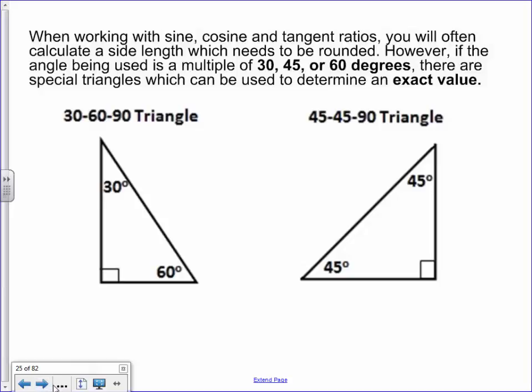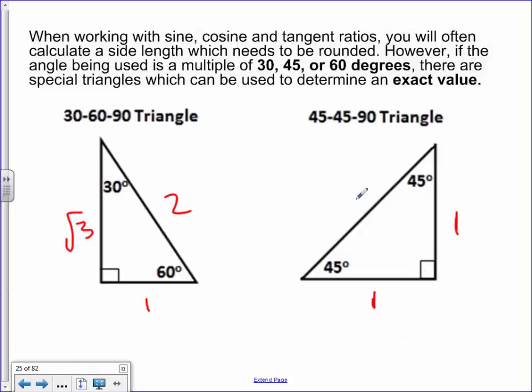Before I go past that, I just want to show you the other triangle as well. The one triangle I need you to have memorized is the 1, 2, root 3 triangle. The 45, 45, 90 triangle is another one that I need you to know, and it's based on an isosceles triangle. The basic idea is that this side right here is 1, and this side right here is also 1, and they have to be the same because it's isosceles.